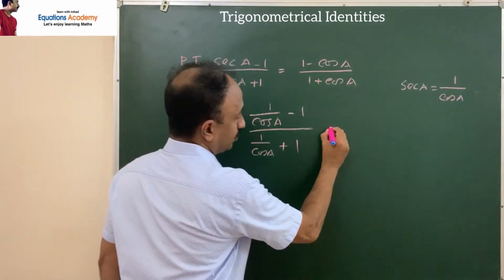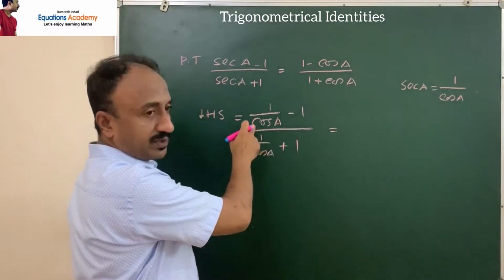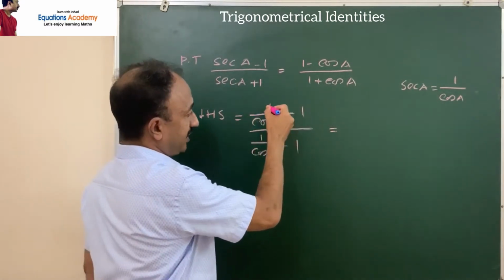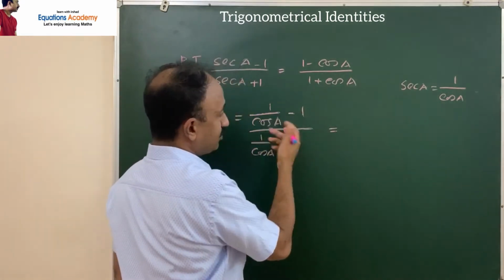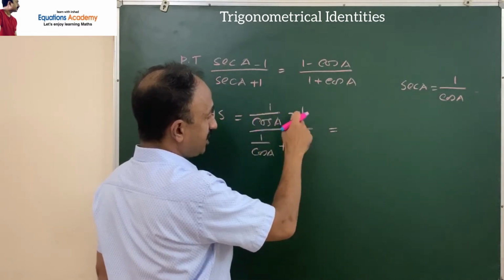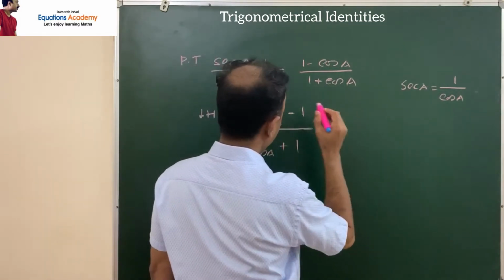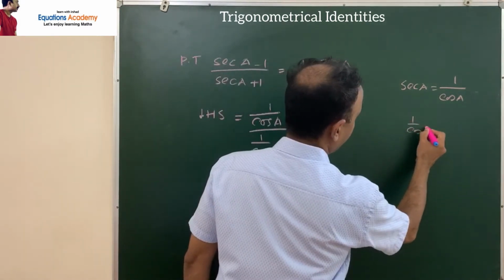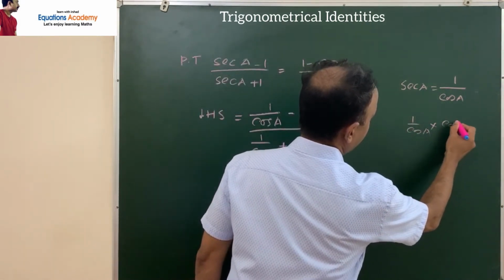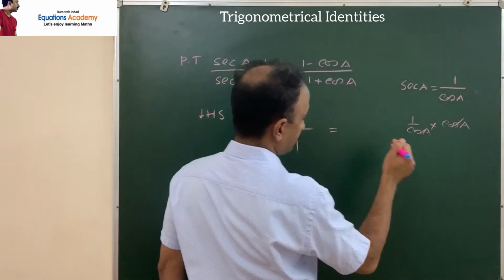This is equal to, here the denominator is cos A, so the LCM is cos A. We have to multiply each term by the LCM. So 1 divided by cos A into cos A, the LCM cos A gets cancelled.